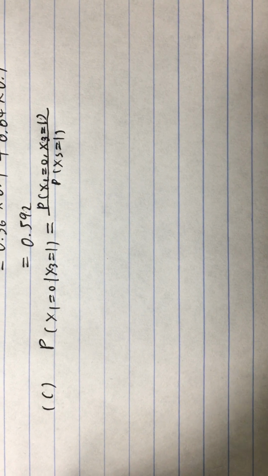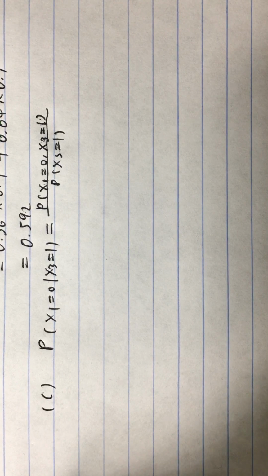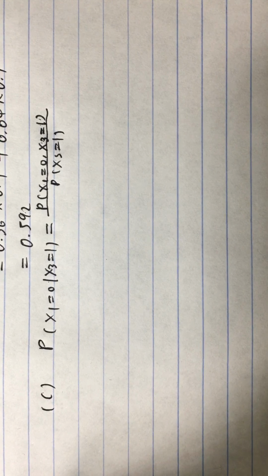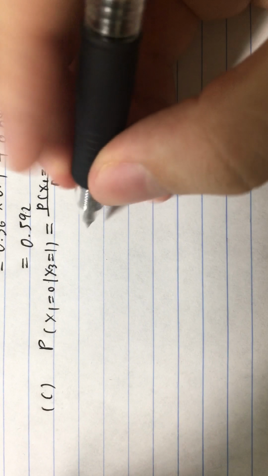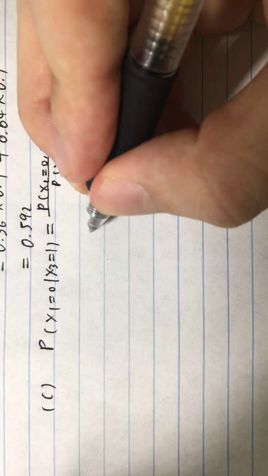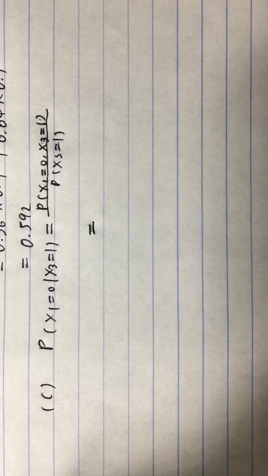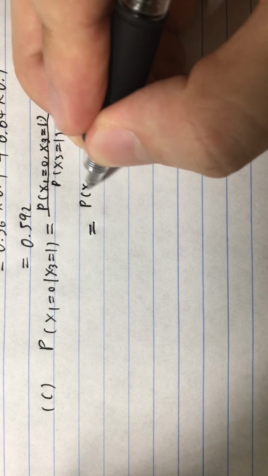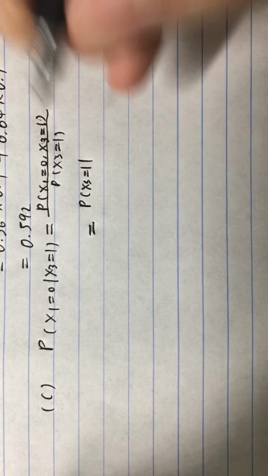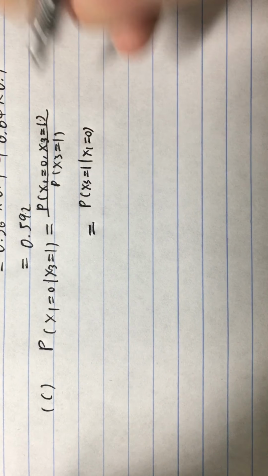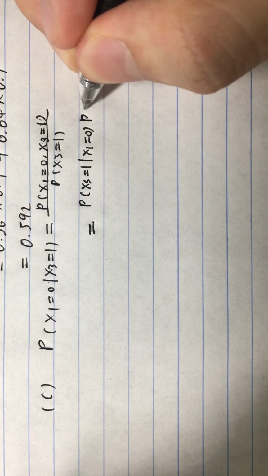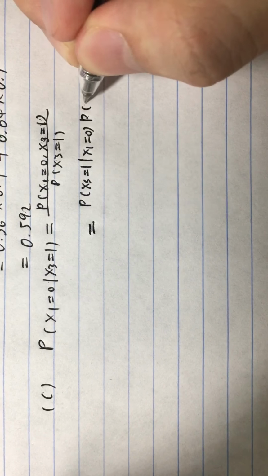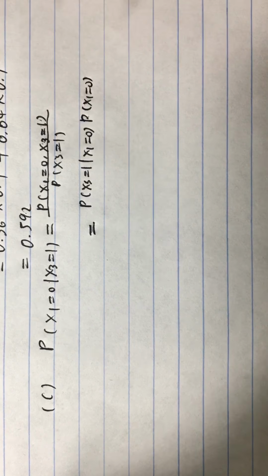This is the definition of the conditional probability, and then this equals the probability x3 equals 1 when x1 equals 0 multiplied by the probability x1 equals 0.